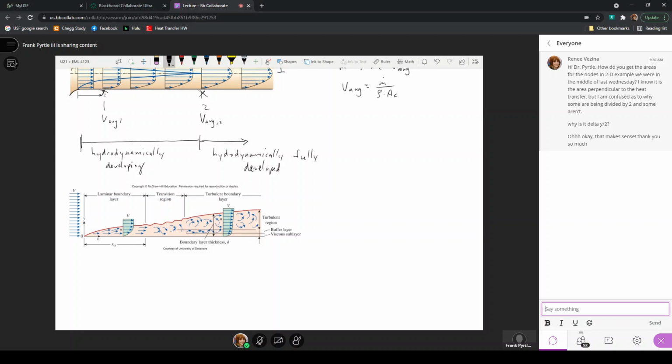In the laminar region, when we have this boundary layer that's growing, this is the area where viscous forces dominate. In the turbulent flow condition, this is where inertial forces dominate. And so there is a transition region where the fluid is not behaving in a laminar way and not fully turbulent.